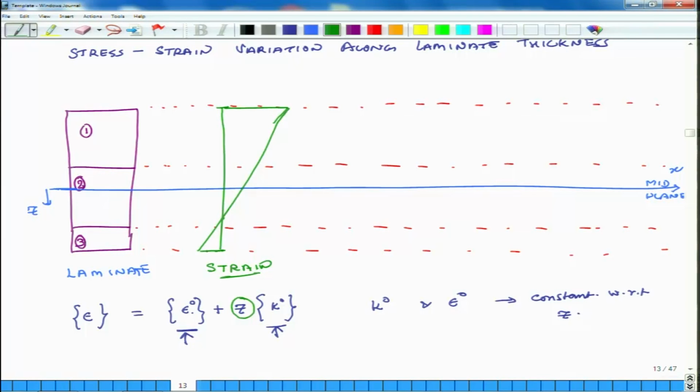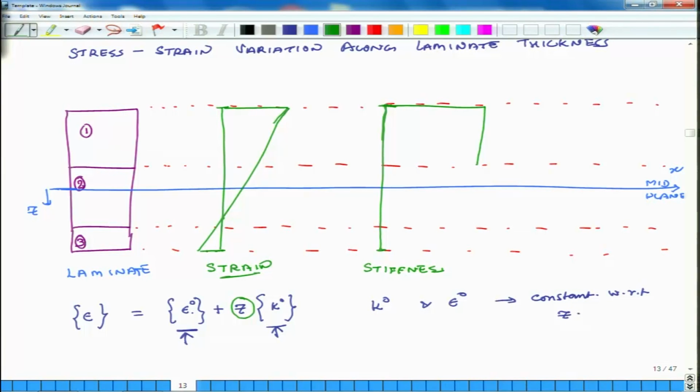The next thing is we will see how stresses change across the thickness, but before we do that we have to see how stiffness changes across the thickness. So, again let us say this vertical line represents thickness. Now consider the fact that the top layer, the first layer has one stiffness, and this value does not change along its entire thickness.